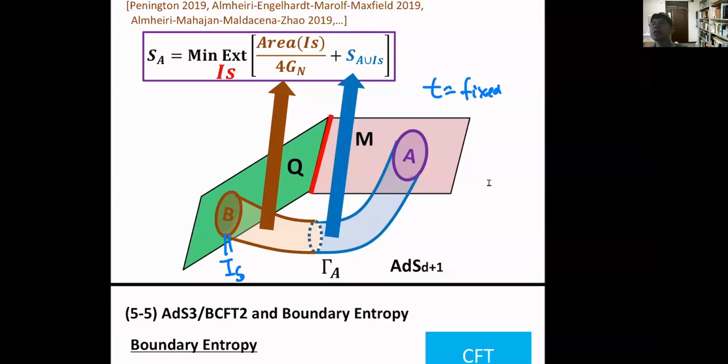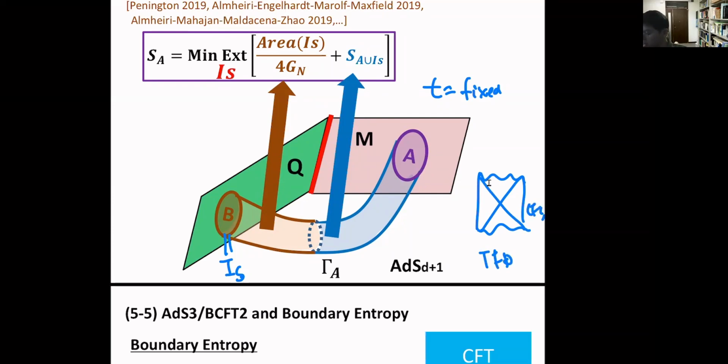There are some simple setups. You can think of the Hartle-Hawking setup, the original thermofield double, where we have CFT1 and CFT2. In this case, you can introduce the surface Q here, so it's really inside the horizon.